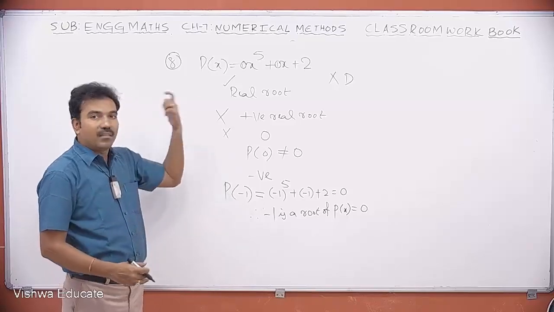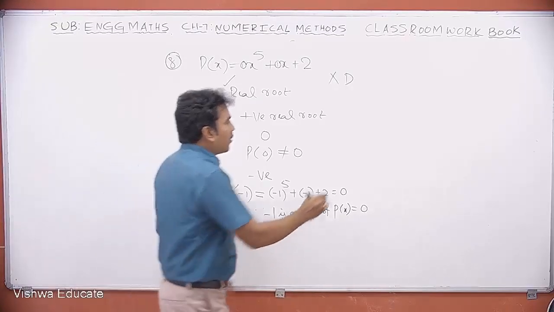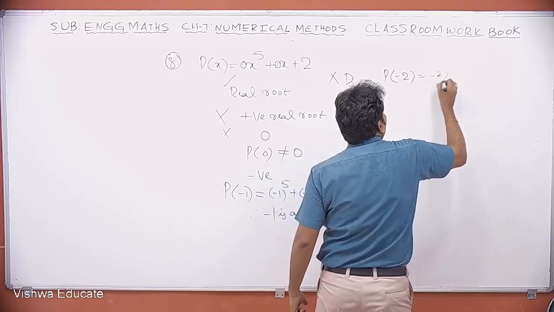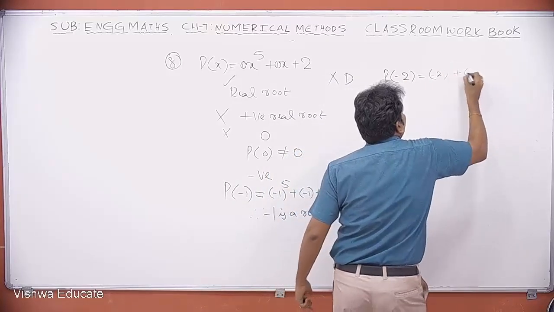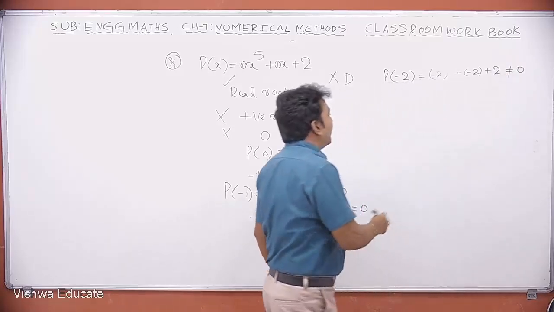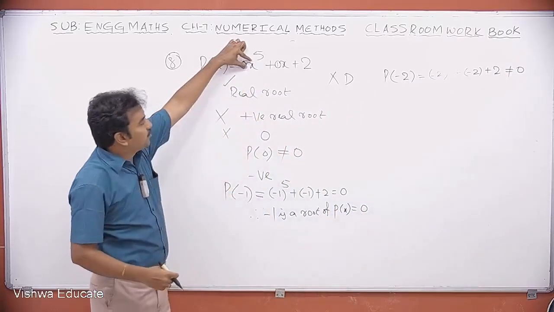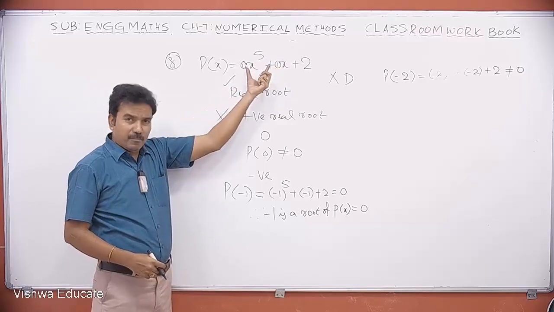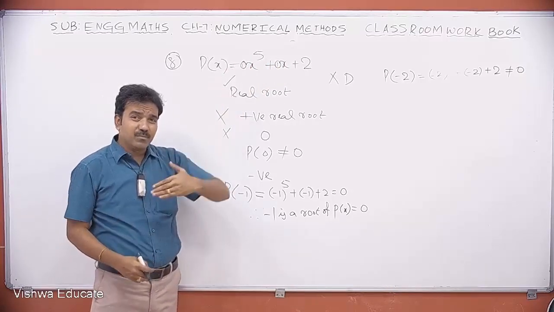Next I try for another real root. If I try p of minus 2, this becomes minus 2 whole power 5 plus minus 2 plus 2. This is not equal to 0. Similarly, when you replace x by any negative number, with odd power, x power 5 plus x becomes a negative number.